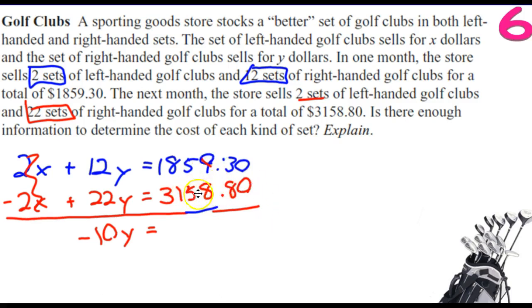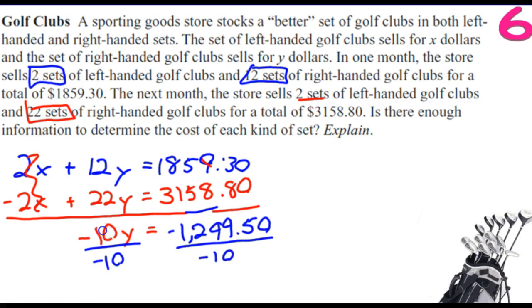So I'm going to put this into my calculator because my smaller number's on top. We get negative $1,299.50. Then I can divide by a negative 10. So y is going to equal $129.95.